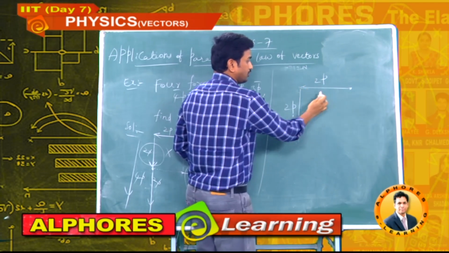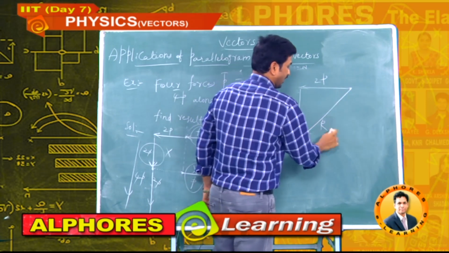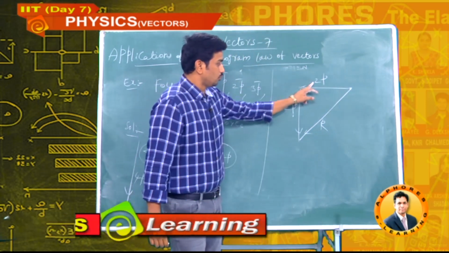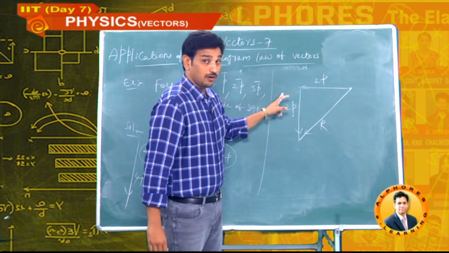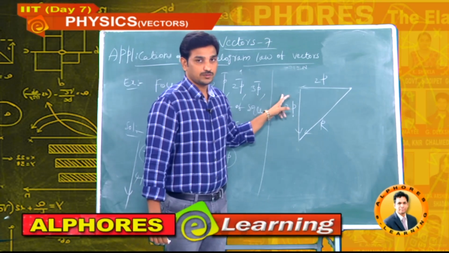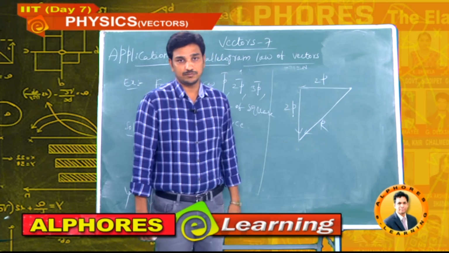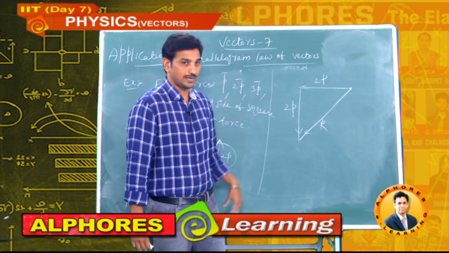Now for two sides of a triangle, what is the resultant? The two are at 90 degrees and equal. We derived it: the two are equal, F, and the resultant is root 2 F when the angle is 90. We already derived it in the last 2 classes.